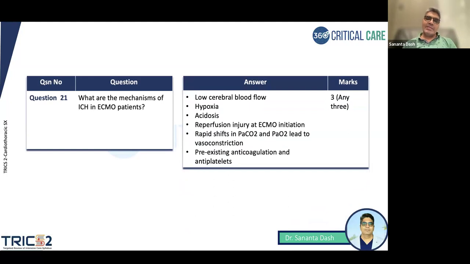Or the patient has pre-existing coagulopathy, is on antiplatelets, or has thrombocytopenia. So these are the mechanisms that can cause intracranial bleed. It is not an uncommon phenomenon. 5 to 10% of patients can have it during the ECMO or towards the tail end of the ECMO run.